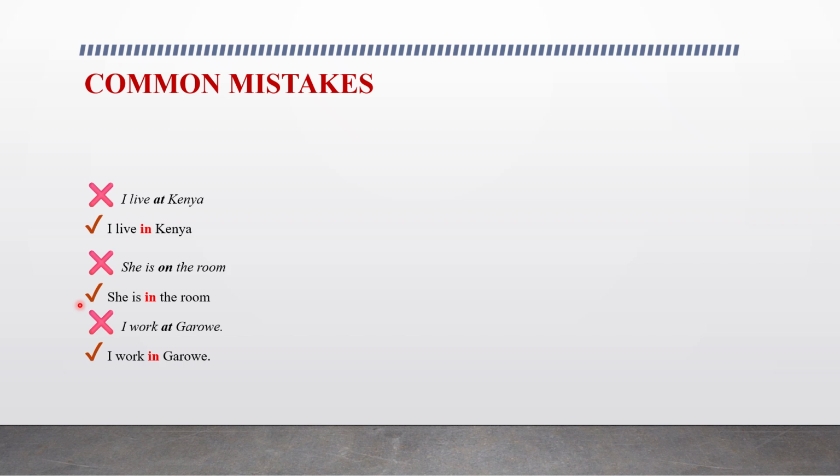In the room, that is an area that is enclosed. Then you don't say I work at Garowe, you say I work in Garowe. Garowe is big, it's a large area. So since it's a large area, we are going to make use of the preposition in and not at, and many other examples.